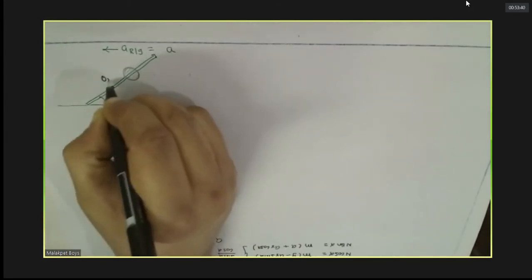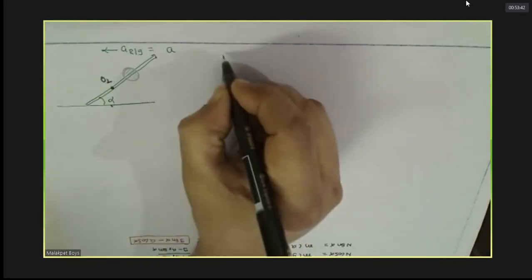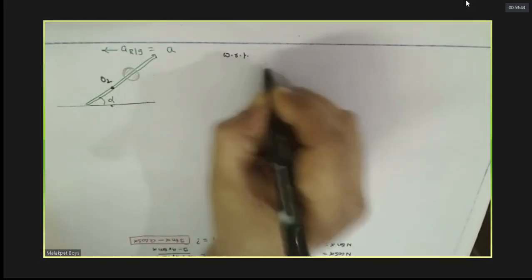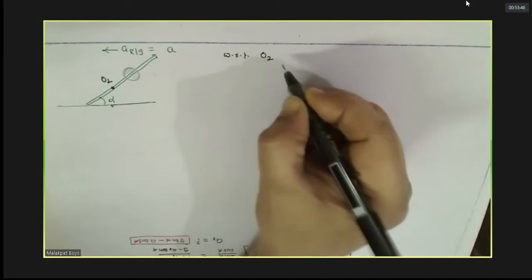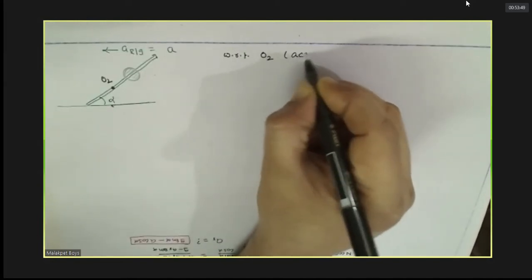Now we have to do it with respect to an observer. Okay, so let us take a fellow on the rod. So for example, one fellow is there here. So with respect to whom O2 is accelerating.